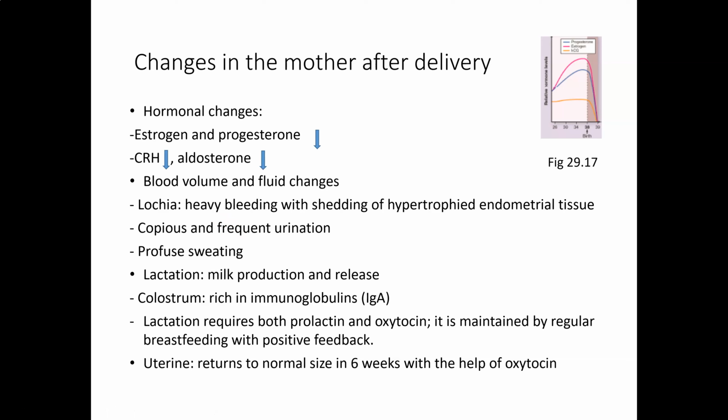The aldosterone was helping you reabsorb the filtrate, but now you do not have that much aldosterone anymore, so you're going to get rid of a lot of the body fluid by frequent urination, but also profuse sweating.